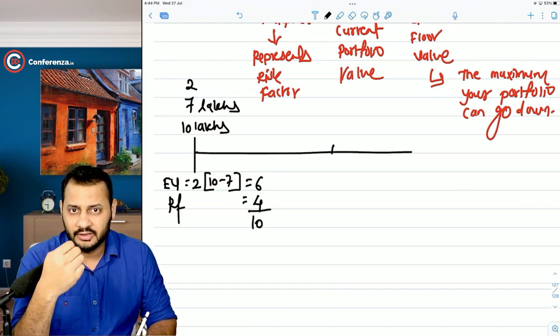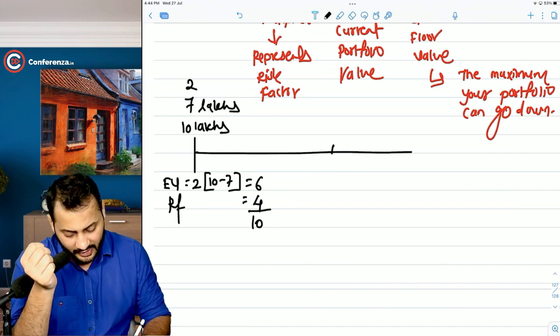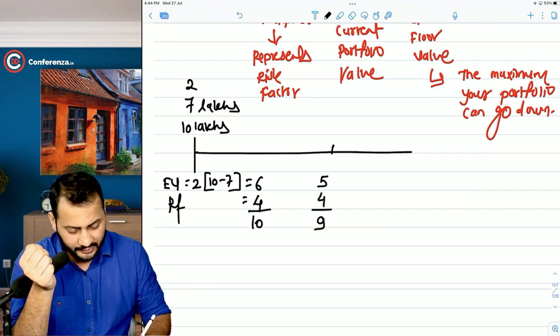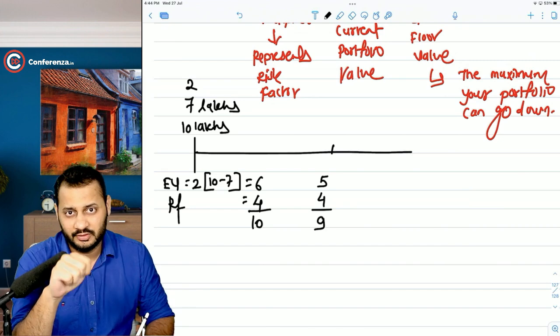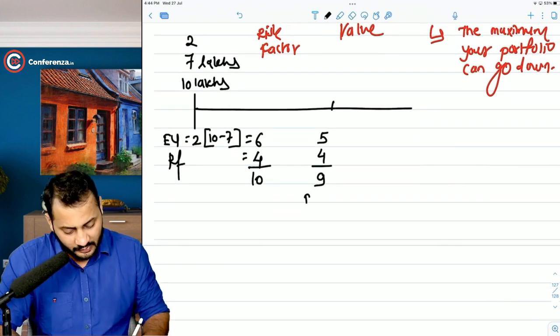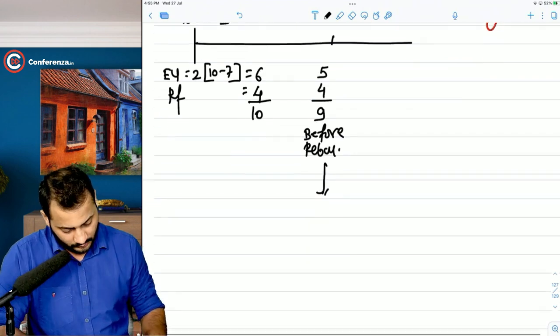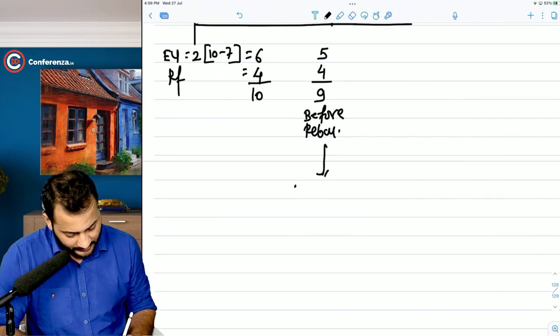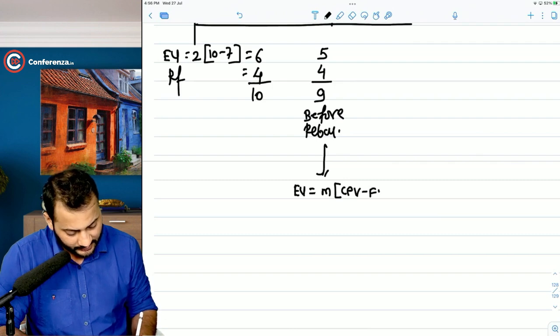After a month, let's say the equity value becomes 5 lakhs and the risk-free security is 4. The current portfolio value is 9 now, right? And at this point of time, this is the situation before rebalancing. Now we will have to calculate the equity value here also, which is nothing but the multiplier, in bracket, current portfolio value minus floor value.